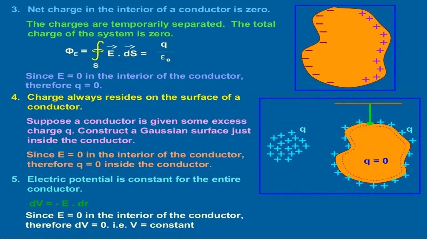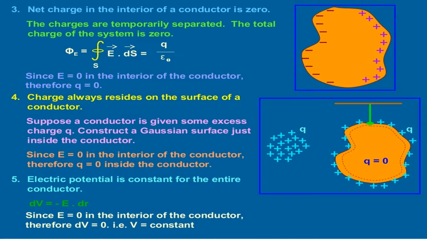Number 3. Net charge in the interior of a conductor is 0. The charges are temporarily separated. The total charge of a system is 0. So flux phi equals the surface integral of E dot dS, which equals Q by epsilon naught. Since E is equal to 0 in the interior of the conductor, Q is equal to 0. That is, the net charge inside the conductor is always 0.